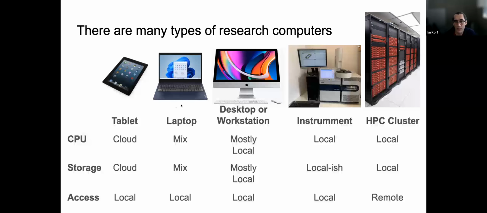Once you start working with a laptop and then later a desktop, more and more of the stuff is happening on the actual computer. There's still a lot these days, and more and more, that's going towards computing in the cloud. But historically, a lot of that used to be done on desktops, and people would buy more powerful desktops to get their work done.